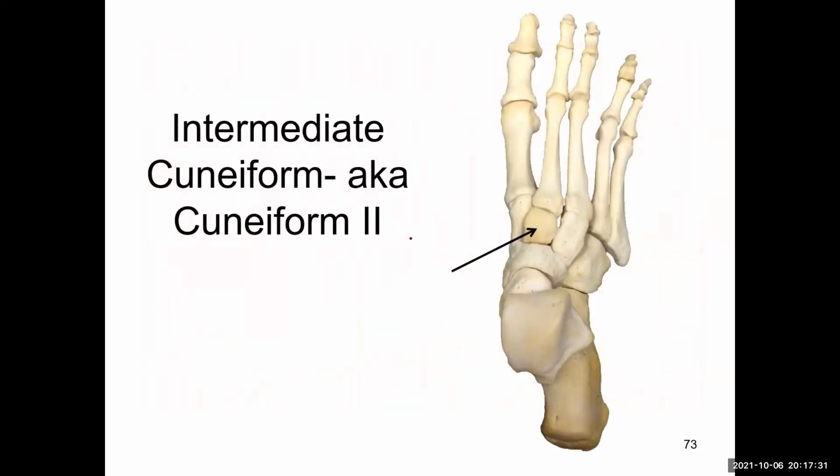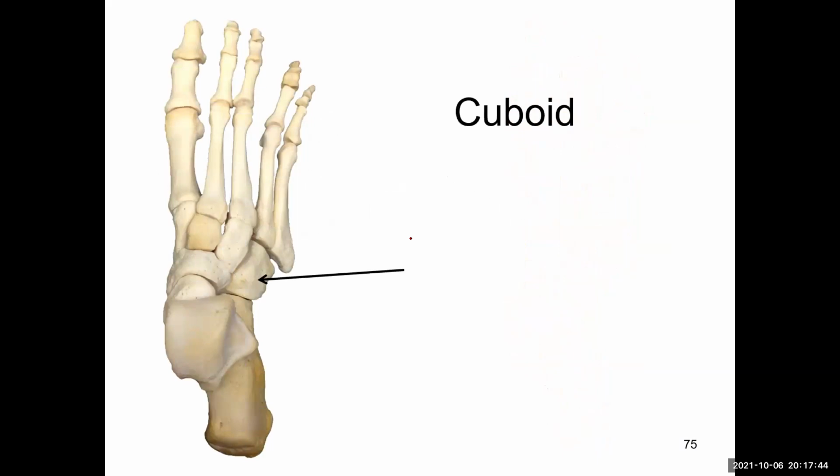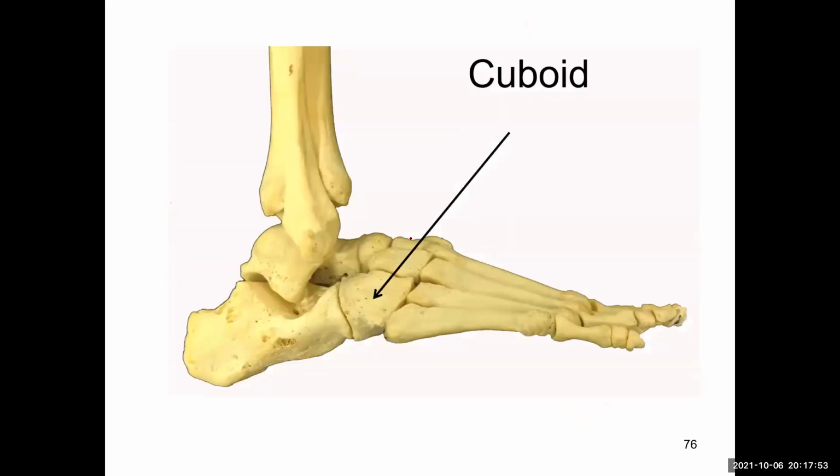And then you have your intermediate cuneiform, also known as cuneiform 2, that articulates with the 2nd metatarsal. And then we have our lateral cuneiform, also known as cuneiform number 3, that articulates with the 3rd metatarsal. And then we have our cuboid. That's the last tarsal bone in the distal row, and it articulates with both metatarsal 4 and 5.